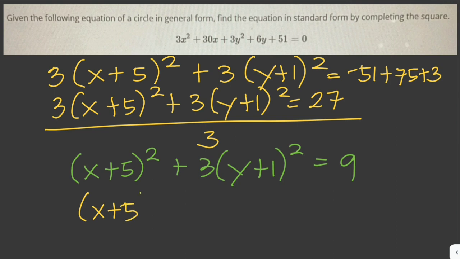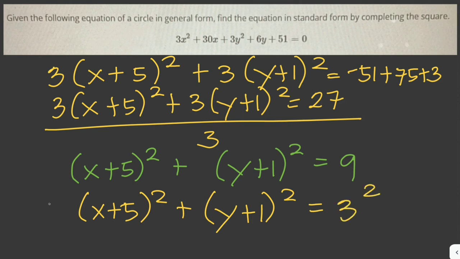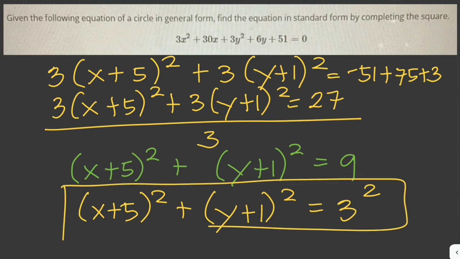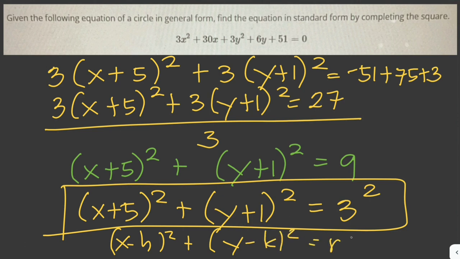You can write 9 as 3 squared. So this is now in the form x minus h squared plus y minus k squared equals r squared. So this is the standard form of this equation.